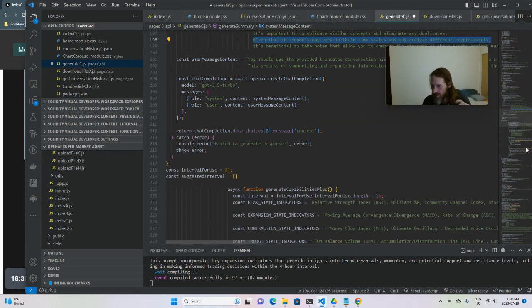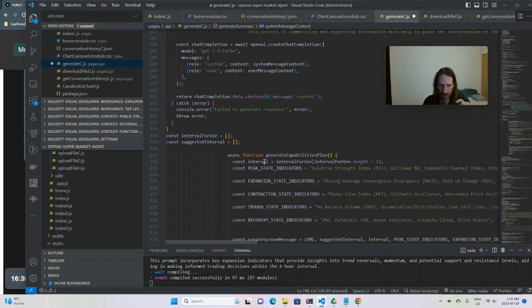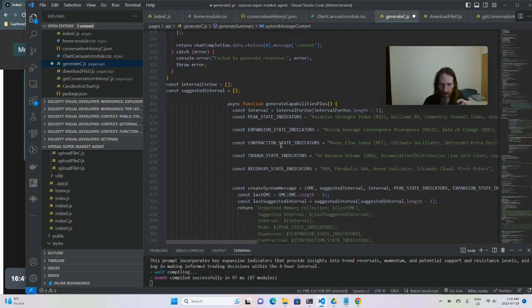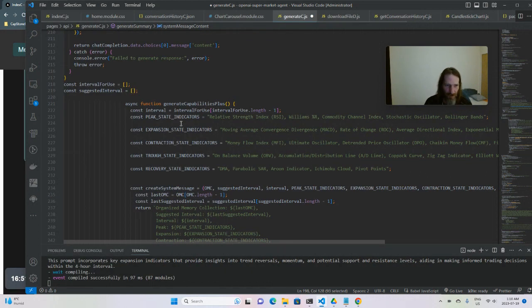Yeah, so let's keep going down here. What did I do here? All right. Generated capability plus. Oh, yeah. Let's make some room here.